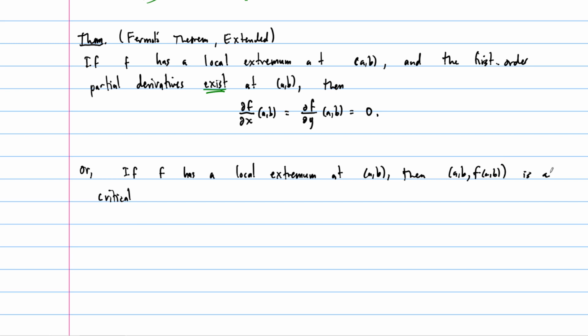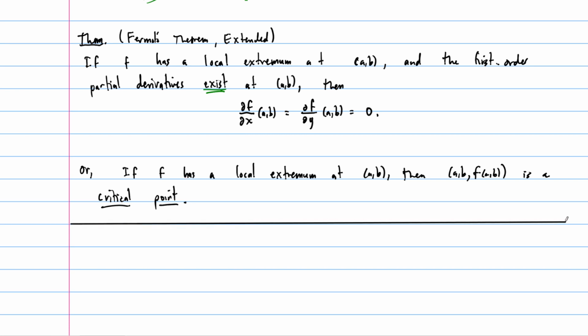This is exactly the way we stated it in Calc 1. So this is an extension, as long as we understand that we're now working with surfaces instead of just graphs, curves in the two-dimensional xy plane.